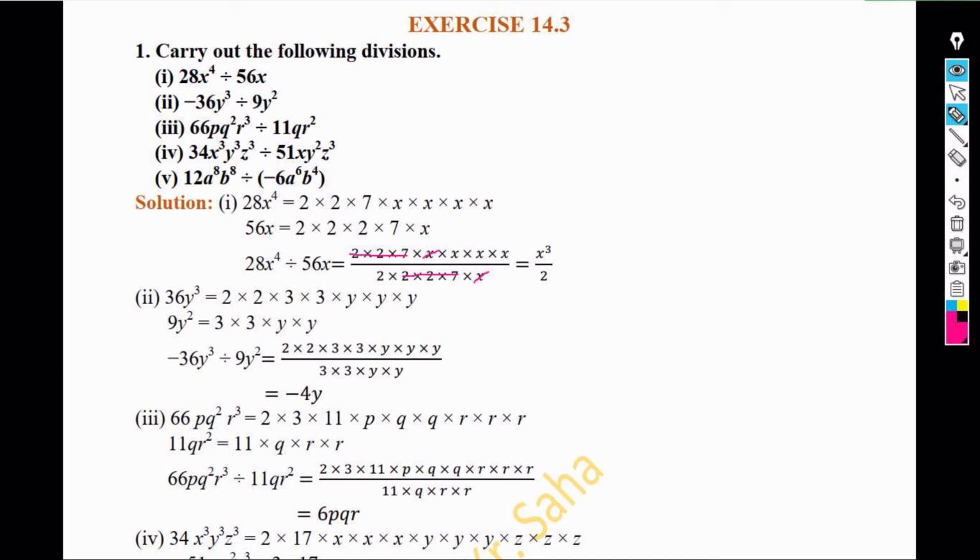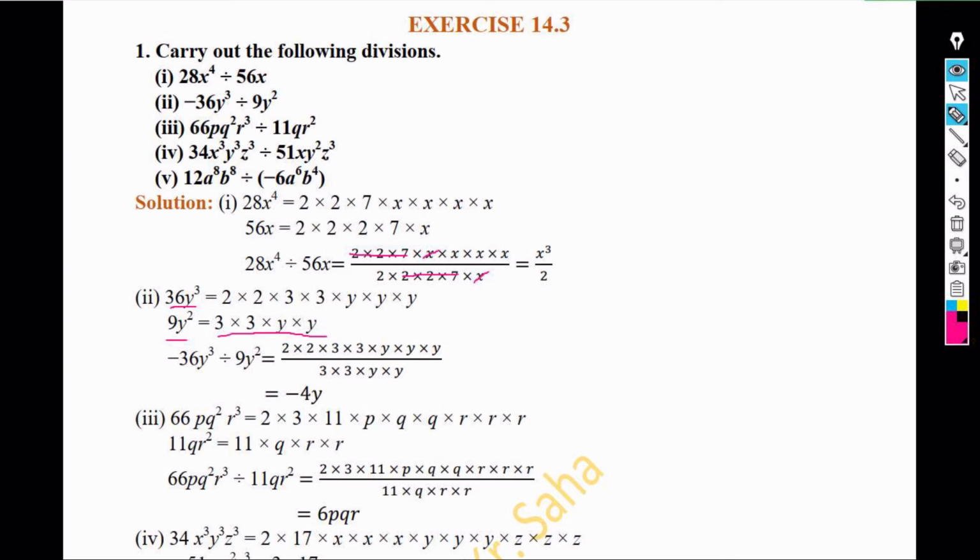In the second part of question number 1, that is 36y cube, we can write 2 into 2 into 3 into 3 into y into y into y, and 9y square as 3 into 3 into y into y. Then it is minus 36y cube divided by 9y square.